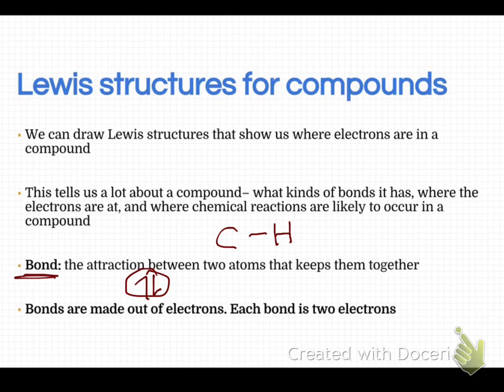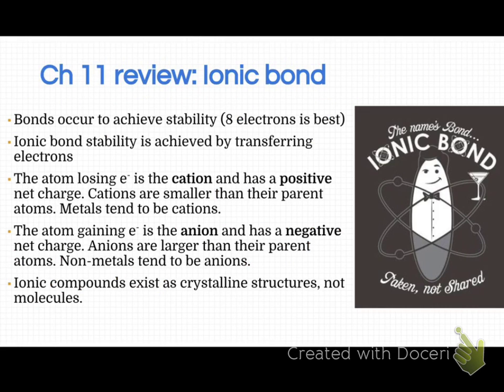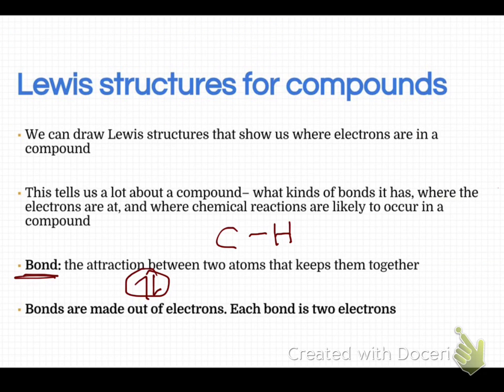So that's very stable. Bonds are always made out of electrons, and a single bond is 2 electrons. A double bond is 4 electrons, because you're doubling that, and a triple bond is 6 electrons. Those single, double, and triple bonds are all called covalent bonds.